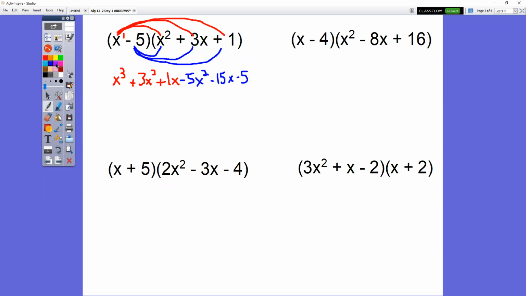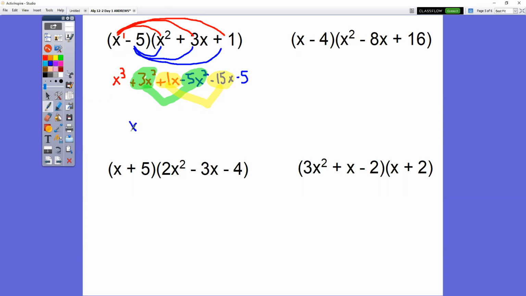You have to be careful when you go to add together your like terms. Notice that we have an x squared value and an x squared value. Those we're going to be adding together. Notice that we have an x value and an x value. Those two we're going to be adding together. So unlike the previous question where we just had one thing to add together, here we have 2 things to add together.